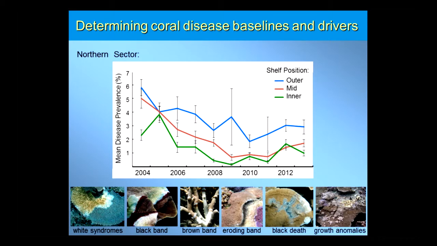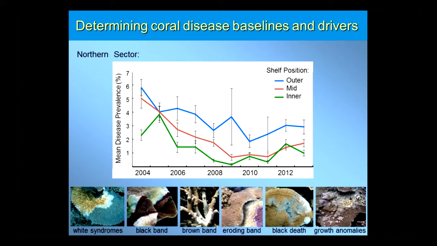All right, so here's, for an example, coral disease prevalence in the 10 years between 2004 and 2013 for reefs on the inner, mid, and the outer shelf. And I think one of the things that is clear is that disease prevalence overall tends to be low. Nevertheless, what I'd like to highlight is that even less than 6% disease prevalence indicates that at least 1 in 20 corals has one of these 6 very virulent diseases.